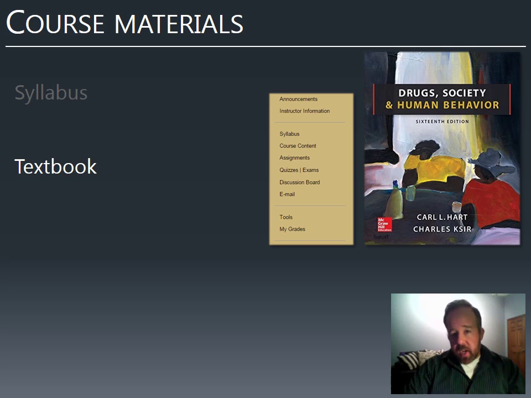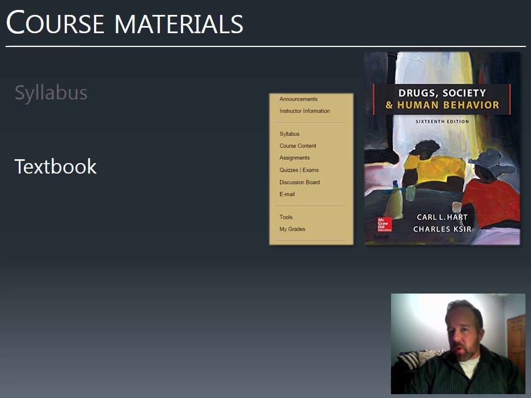The textbook. The textbook is Hart and Kasir's Drug, Society and Human Behavior. This course will use the 16th edition. I know there may be copies of the 15th edition floating around somewhere. People have used that successfully in the past. The content is pretty much the same by the time you get to the 16th edition of a book.